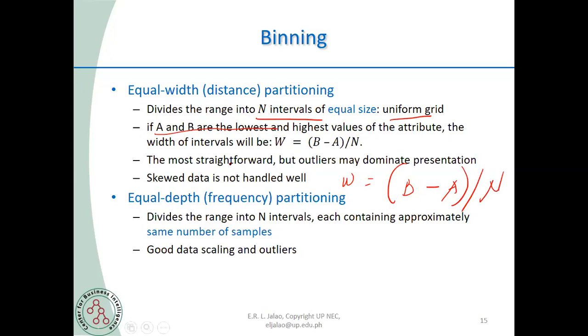Equal depth, or frequency partitioning, divides the range into n intervals, each containing approximately the same number of samples, and gives good data scaling and handling of outliers. So yung equal width natin, it divides into equal size intervals.